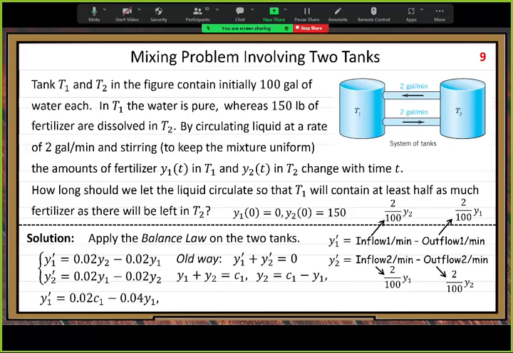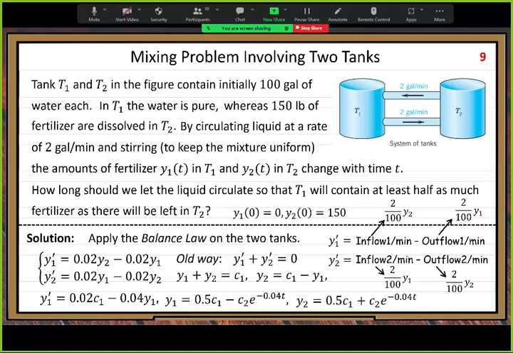Y1 prime equals 0.02 C1 minus 0.04 Y1. Okay? This is a separable first order ODE, so we can find a solution easily. Y1 equals this one, and we need a C2, another constant. Okay? C1, C2 constants. And we can write the Y2 expression from this one.